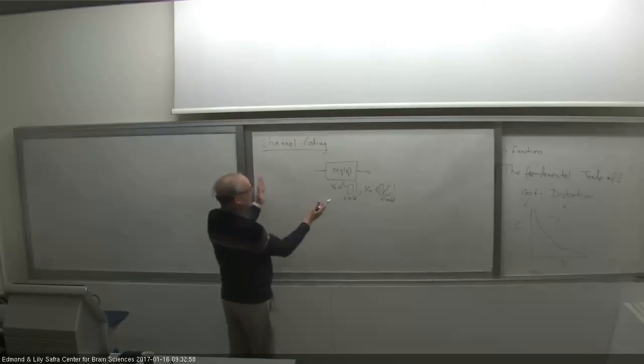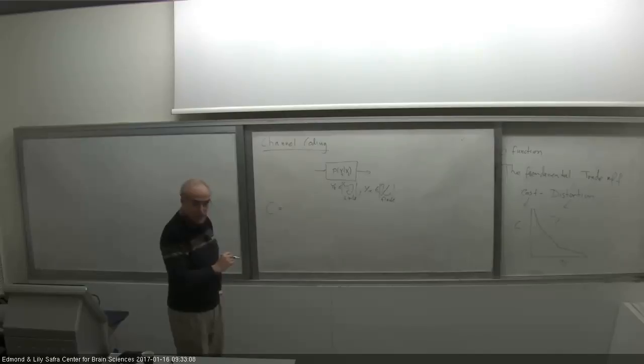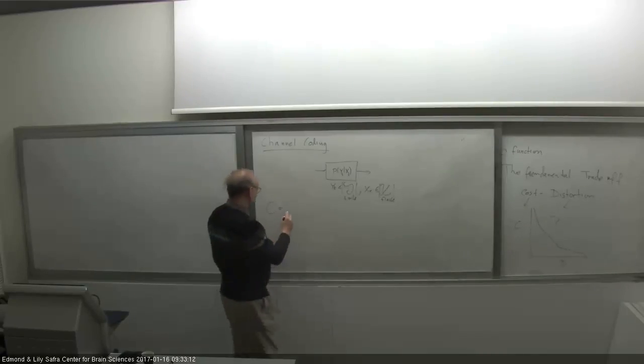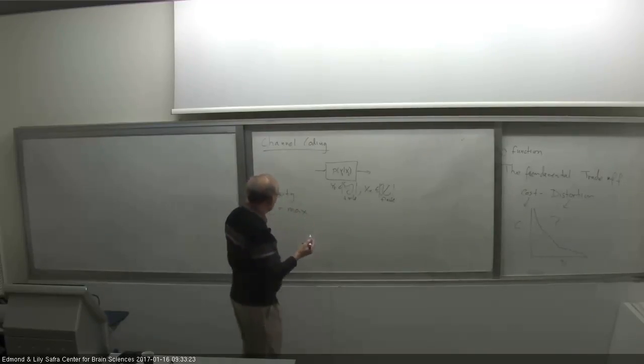The key insight, which I'm going to convince you of in the next 10 minutes, is that there's something called the capacity of the channel. The capacity of the channel is actually a very intuitive concept. The word capacity has different meanings for different problems.